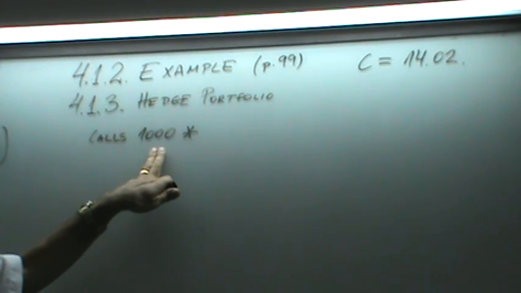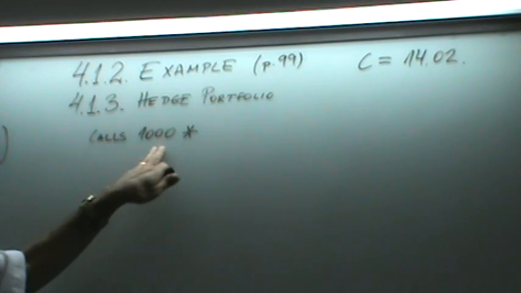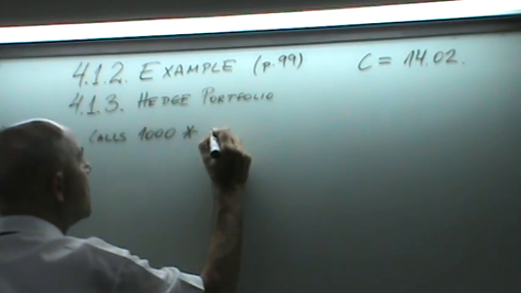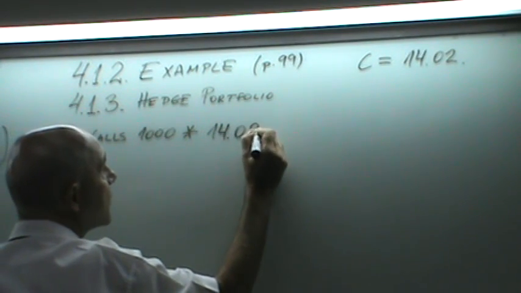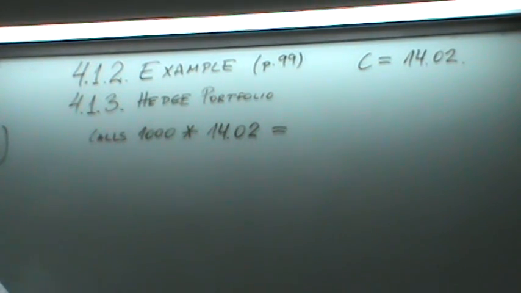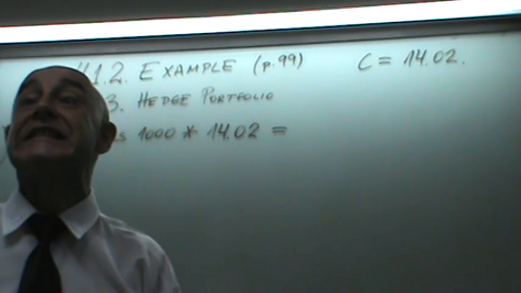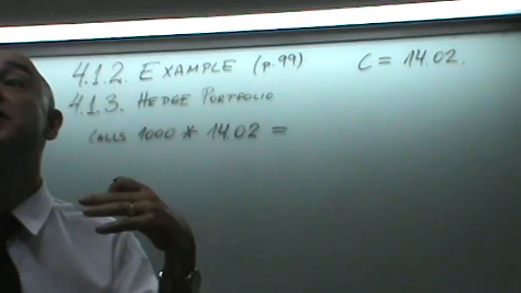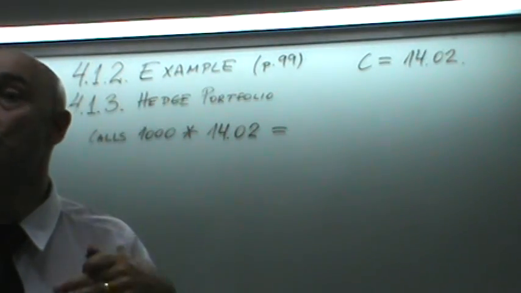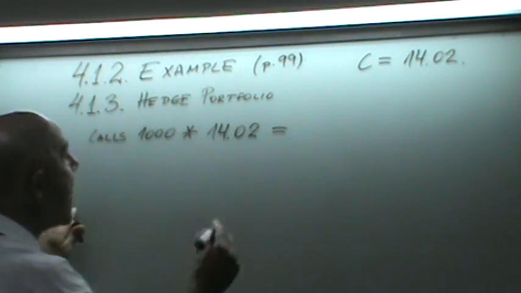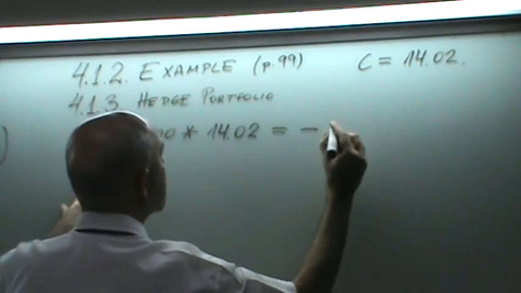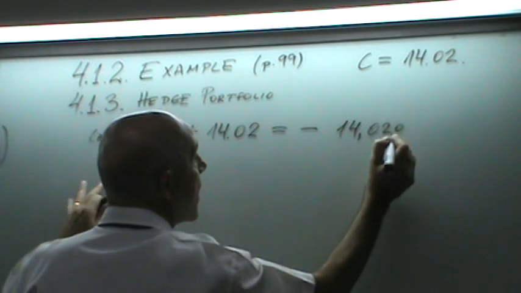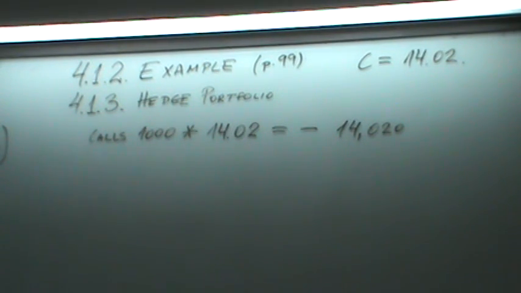What's the price of the call? 74.2. 1402. Okay. And because we sell, pay attention, we sell short the calls, we have a minus 14,000 and whatever, 20, okay?